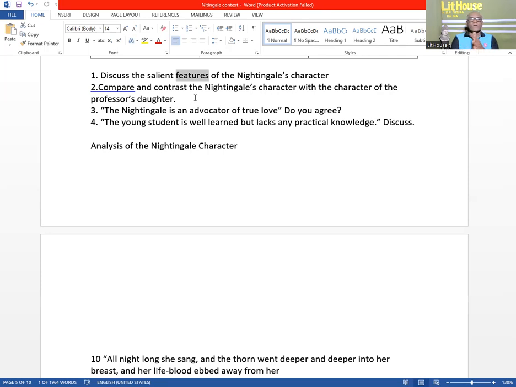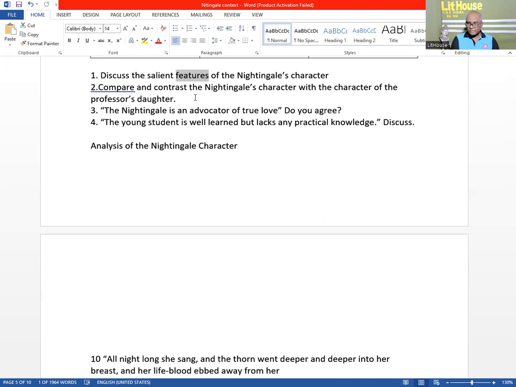Third question, the nightingale is an advocate of true love. Again, the nightingale's character. Do you agree? Fourth question, the young student is well learned but lacks any practical knowledge.